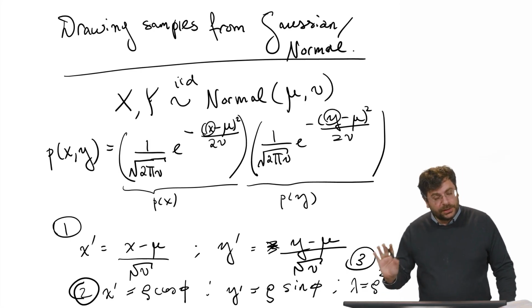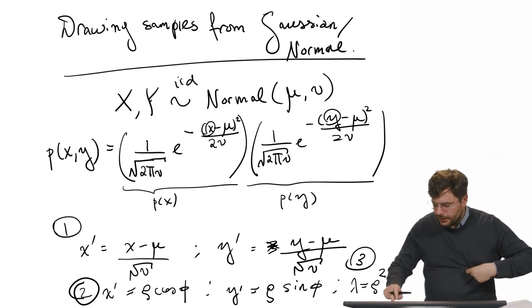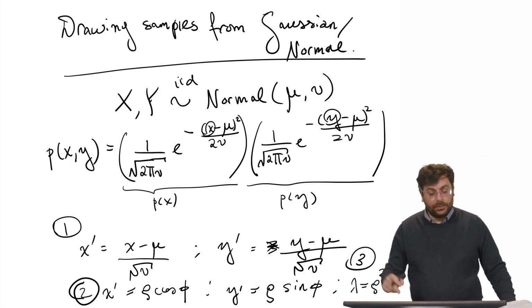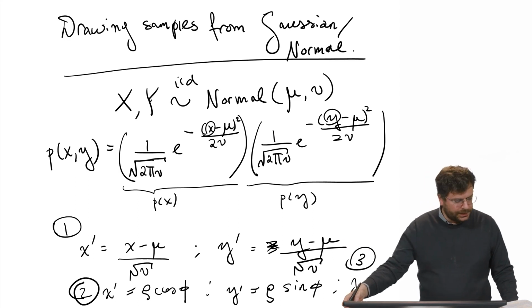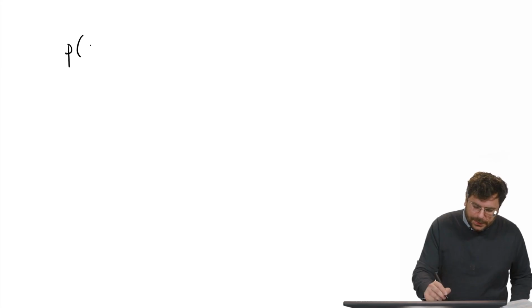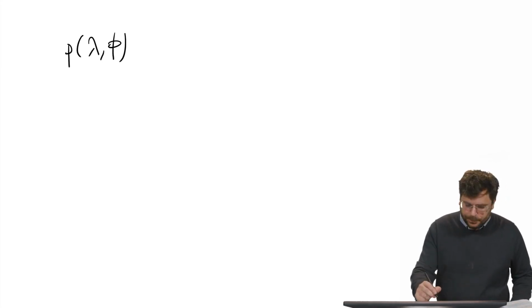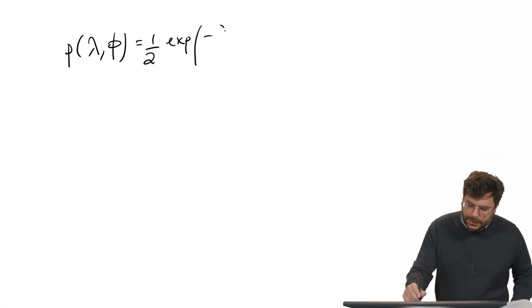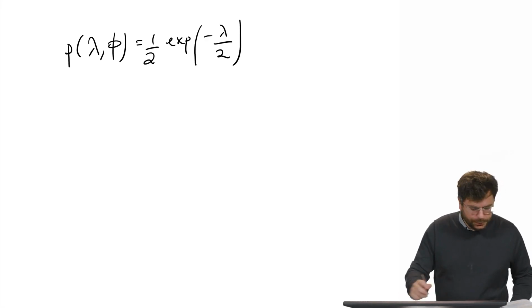The integral, I should say, will depend on rho squared. So at that point, I'm going to define rho squared as lambda, just to make my life a little bit easier. And if I do that, then I find that my p of lambda and phi is 1/2 exponential minus lambda over 2 times 1 over 2 pi.